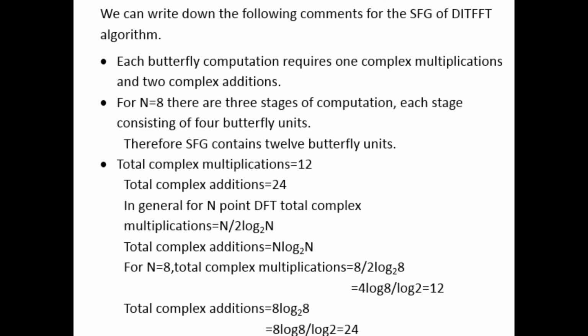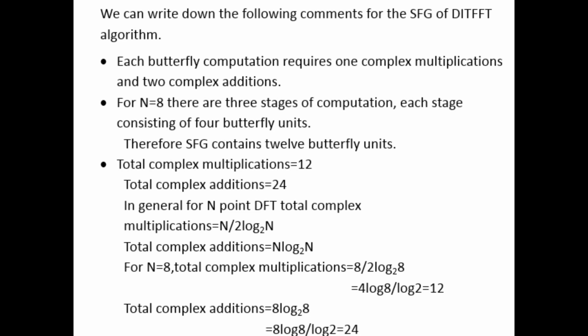So we can write down the following comments for the signal flow graph of DIT-FFT algorithm. So first one is each butterfly computation requires one complex multiplication and two complex additions.